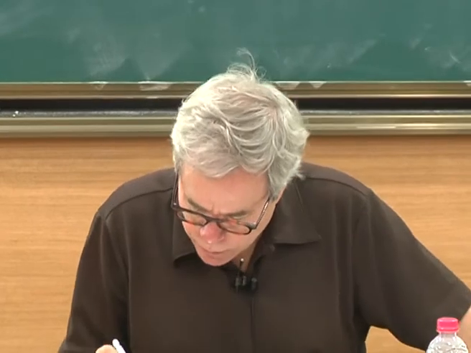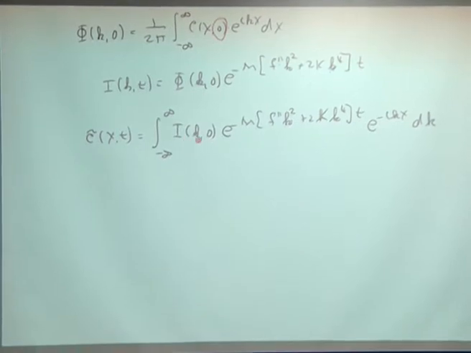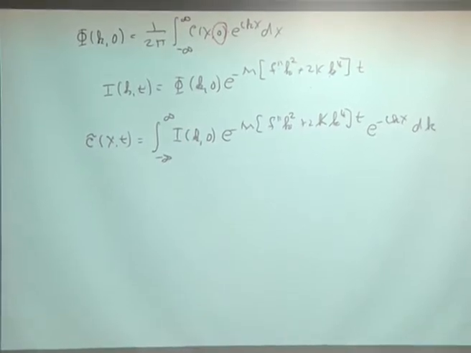But if you look at it a little more, what's really important is not this, it's really this. And this is the beauty of Fourier transforms of linear equations. It says that you can give me whatever Fourier transform you want, so this is some function of k.